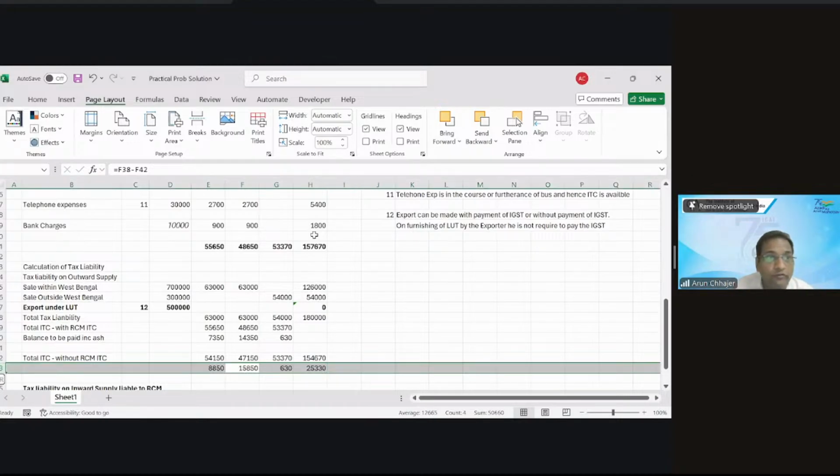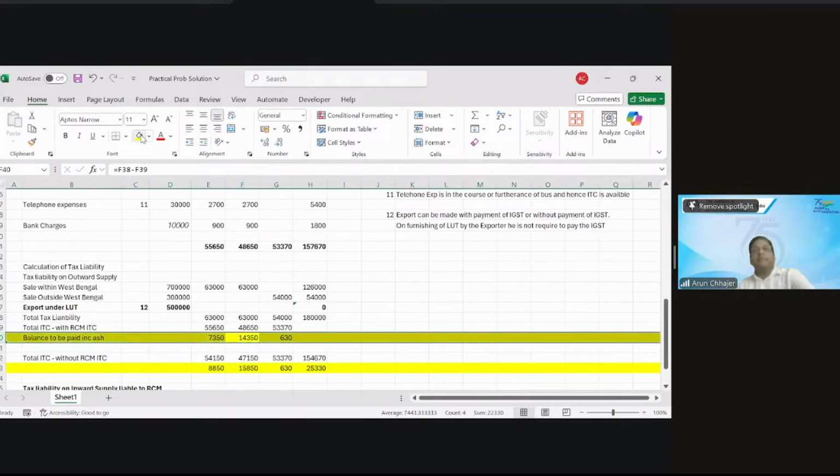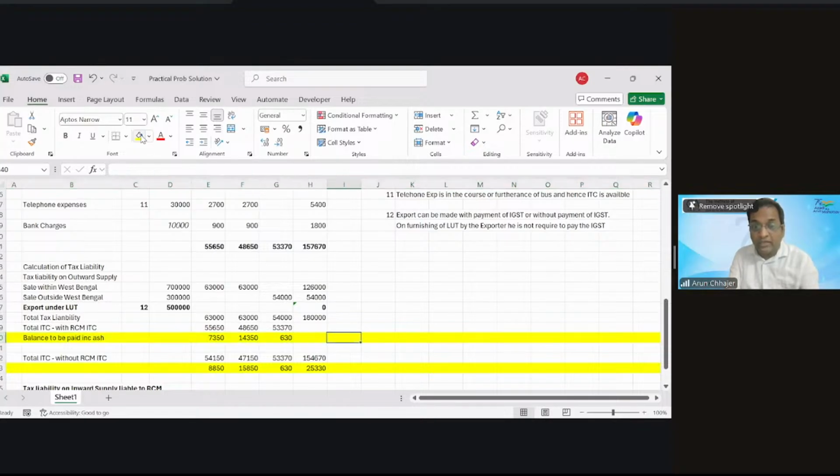My question to all of you is, other than RCM, I'm talking about. We all know that RCM liability is to be paid in cash. Other than RCM, how much liability is to be paid in cash? Will it be 22,330 or will it be 25,330? That is my precise question to all of you.